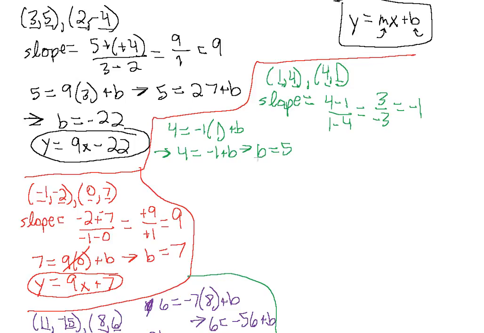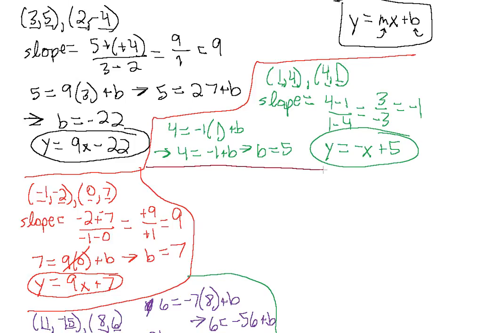So now we have our slope and our b value, so we can go ahead and write the general form. Y equals minus x plus 5 is the slope-intercept form for the line that passes through these given points.